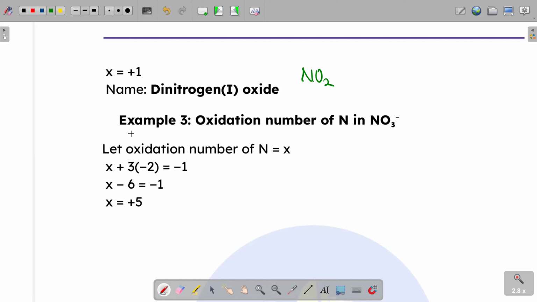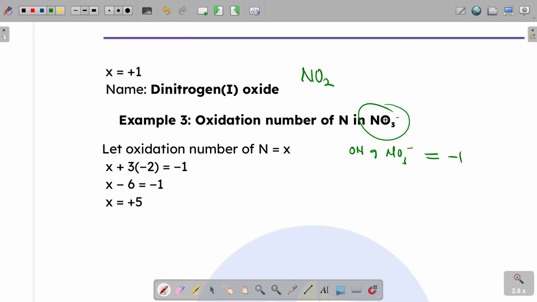Now, another example, example 3. We have NO3 minus. This is a radical. I want to find the oxidation state of nitrogen. In this case, the species has a charge, so it implies that the oxidation number of NO3 minus is going to be -1.